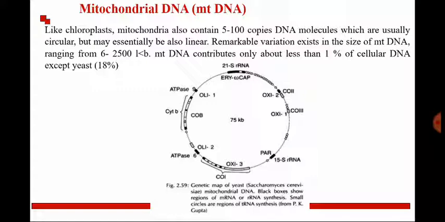Here this diagram shows the yeast, that means Saccharomyces cerevisiae. In this, the mitochondrial DNA contains different regions which contain ATPs or RNAs.